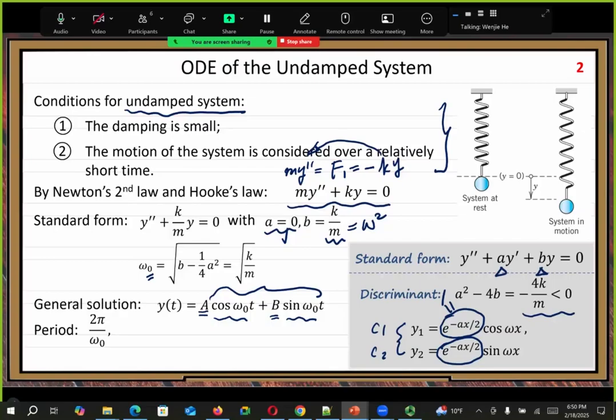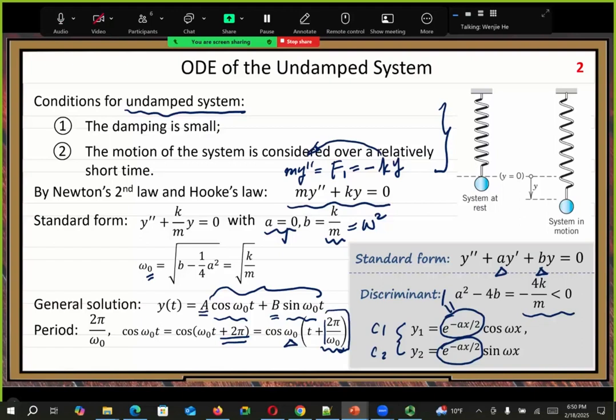Why? We see it from the 2 pi periodic property of the cosine function. When you add 2 pi, it has the same value. Then you factor out omega 0, so inside the parenthesis it becomes t plus 2 pi over omega 0. Then by the definition of a periodic function, this is the period.